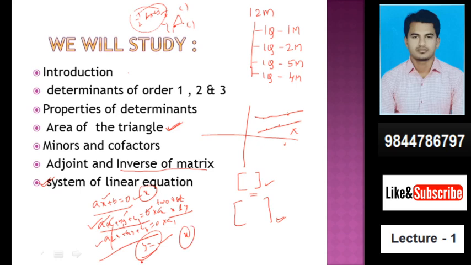But with the help of determinants we can also solve linear equations with two variables or three variables. See here, what is the use of calculating the solution? Because the solution will have two kinds, that is unique or infinite.